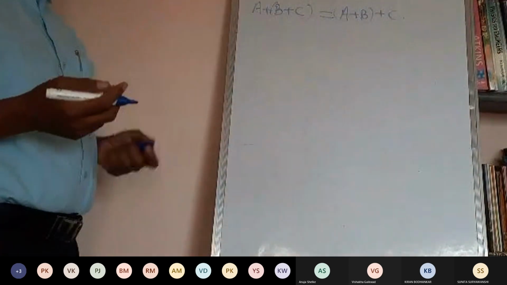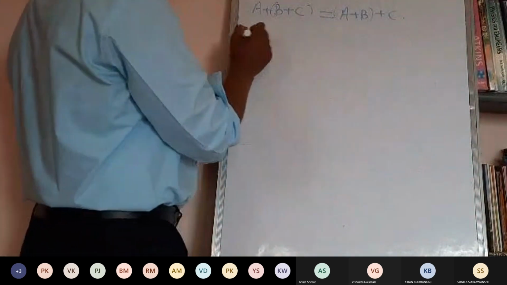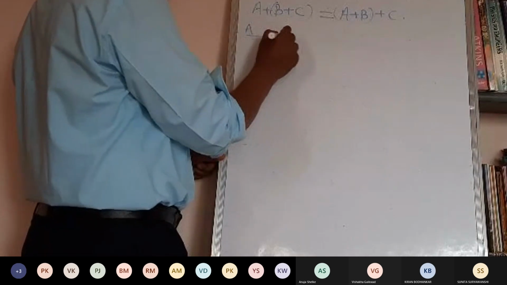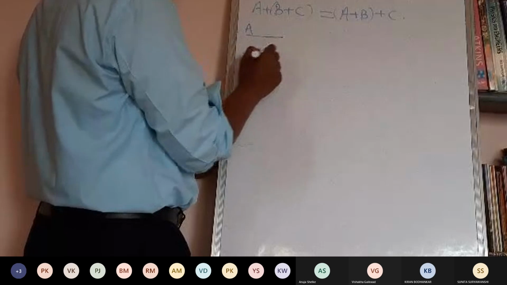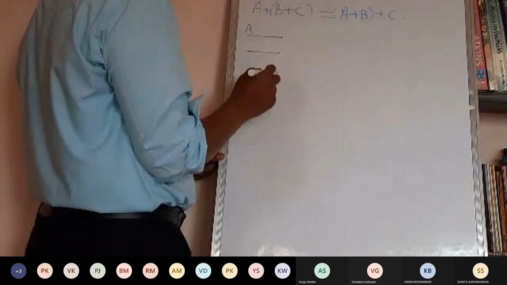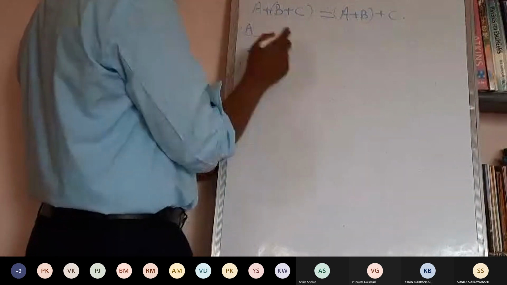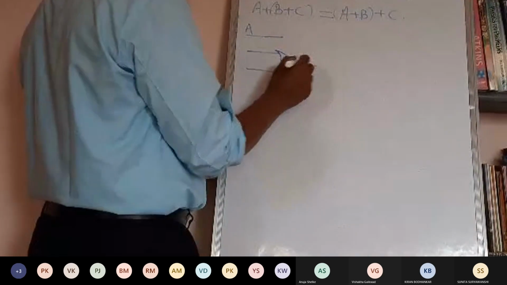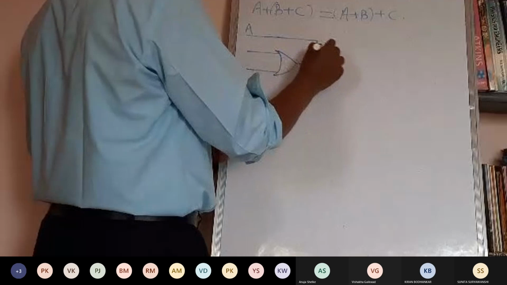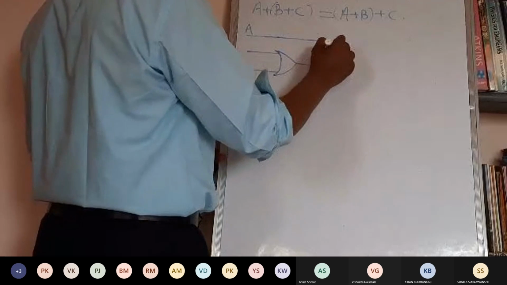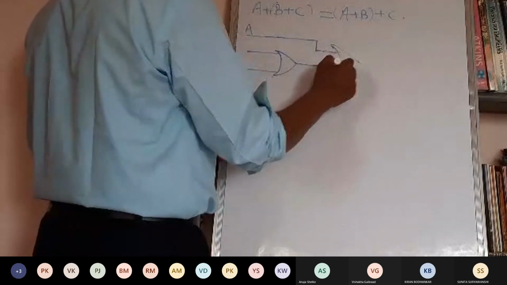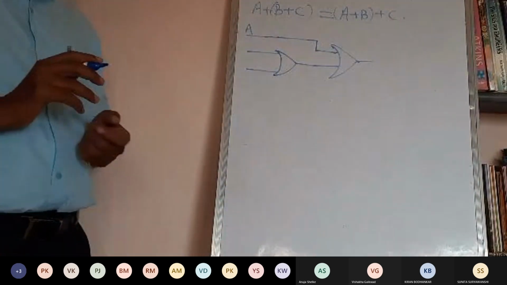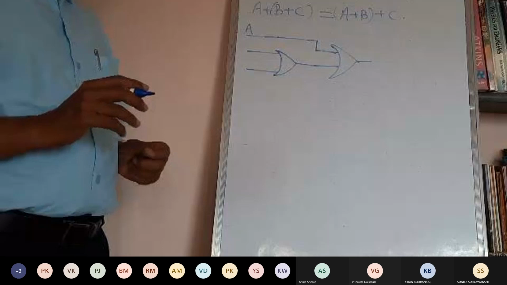If I take input a, then b and c, three inputs, first b plus c is formed, and then a plus b plus c. This is the logical circuit for a plus b plus c.